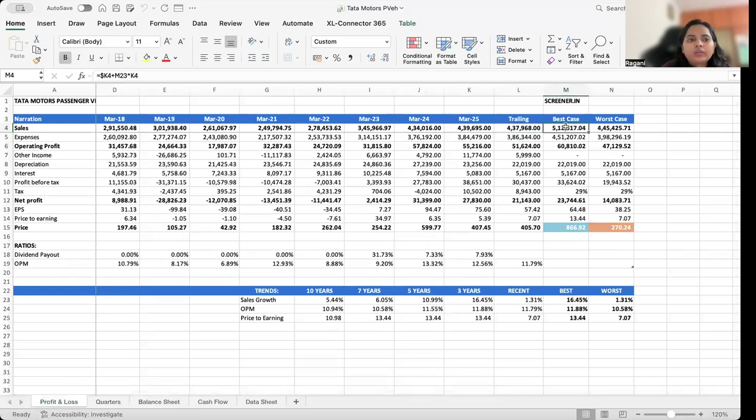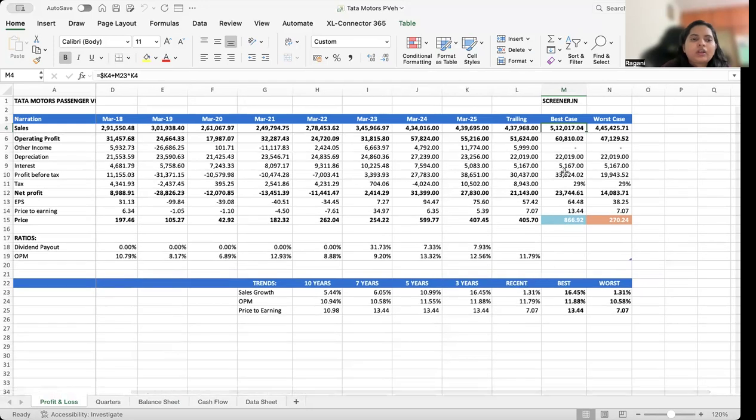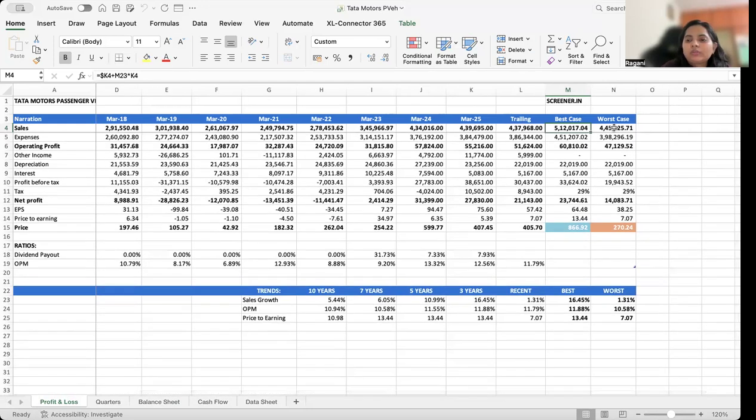Then I calculated expenses. Then I calculated the best case scenario, where I used the function K4 plus M23 multiply K4.